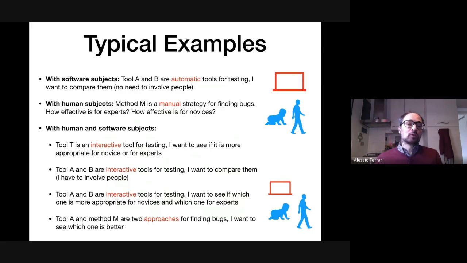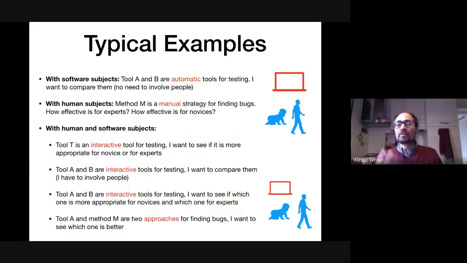When I have to involve human subjects, it is the case, for example, of only human subjects, so no software subjects involved, but still in the field of software engineering. There is the second example. So I have a certain method that is a manual strategy for finding bugs in the code.